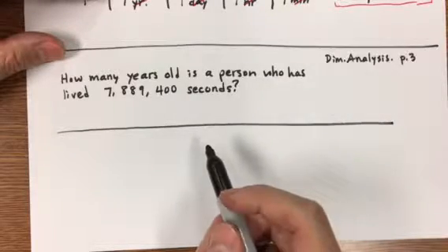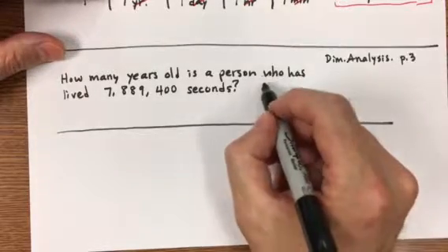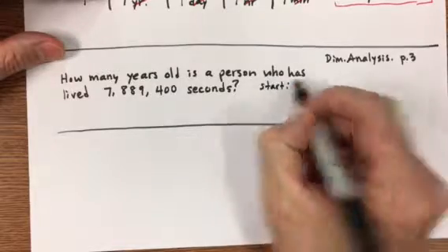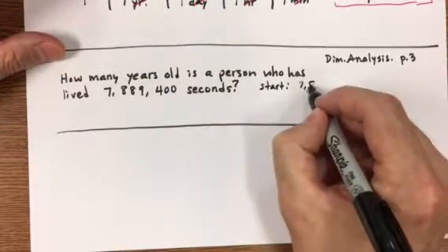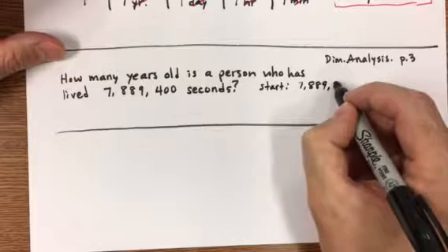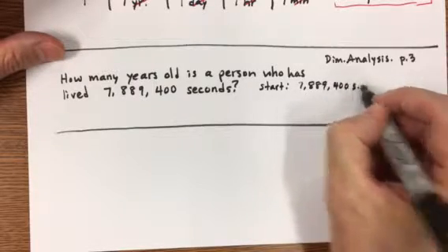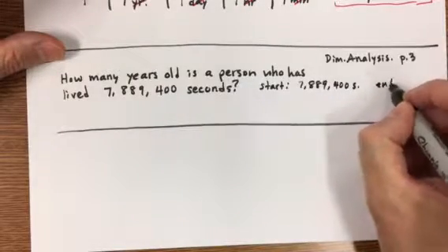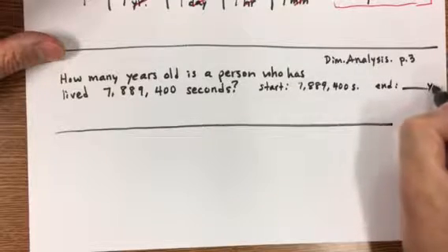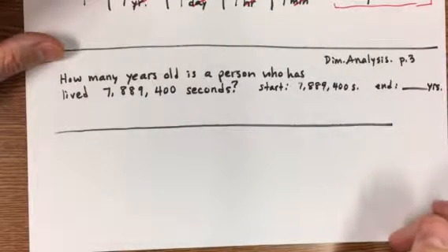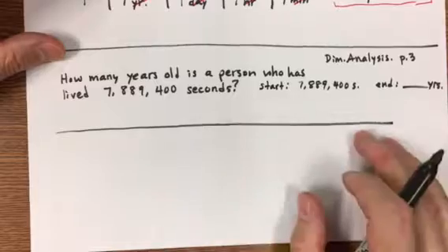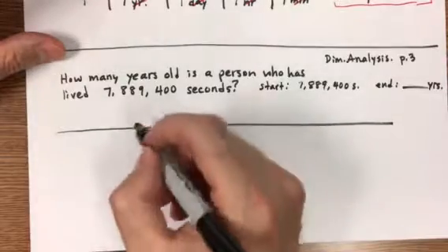So we'll start by asking ourselves, what are we starting with? We're starting with this big number of seconds, 7,889,400 seconds, and we're trying to end with some amount of years. Okay, so that gives us a starting place and a target to get to.